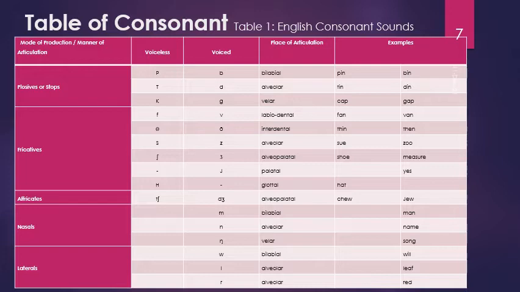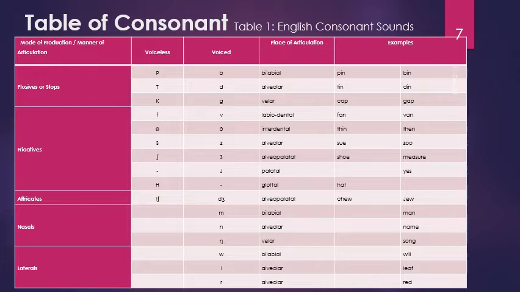We have the interdental fricatives. These are sounds like th and th. Example, thin and then. We have the alveolar fricatives, s and z. Example, sue and zoo. We have the alveopalatal fricatives.